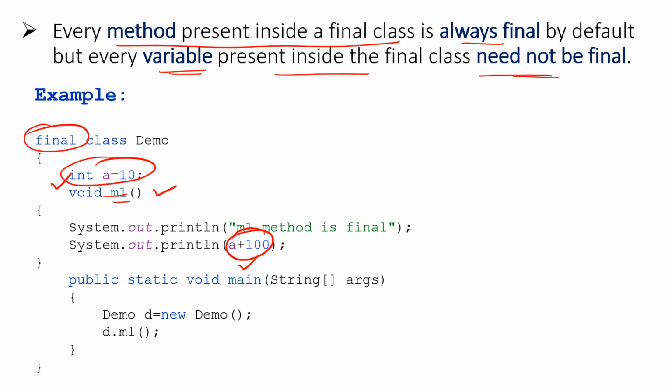But a variable can be non-final. So this is the point: every method present inside a final class is always final by default, but every variable present inside a final class need not be final. It may be a normal variable, not final. You can change that variable, no problem.